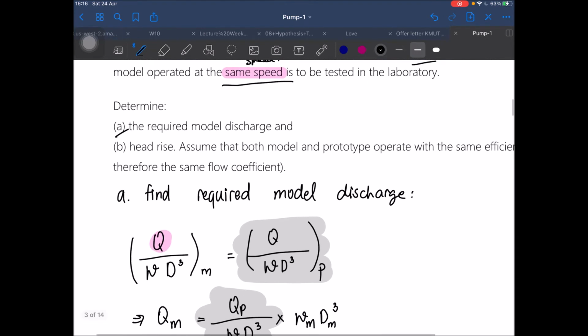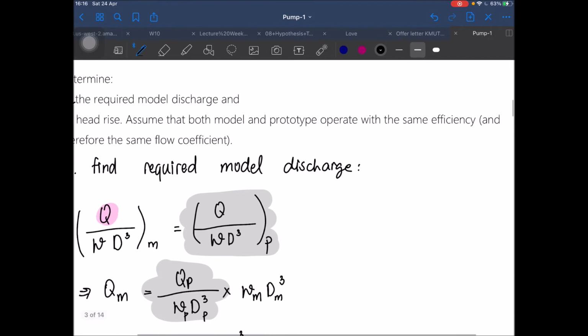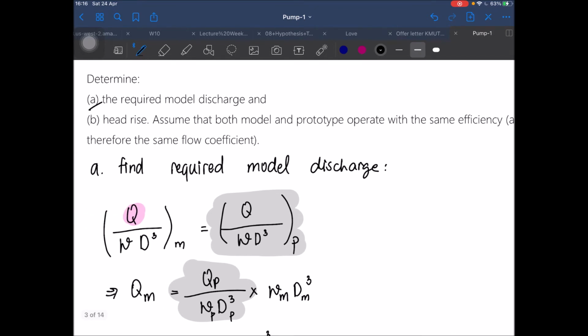So now we move on to question B. Determine the head rise. Head rise refers to H. So now we can see that both model and prototype operate with the same efficiency, so therefore the flow rate coefficient is also the same.